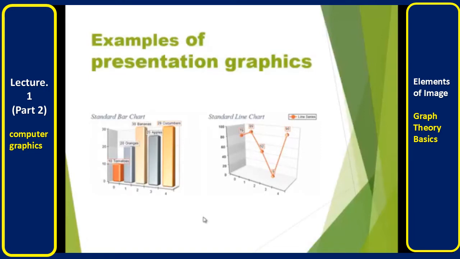For example, 10 tomatoes cost 10 rupees, 20 oranges cost 20 rupees. The vertical line shows the cost and the horizontal line shows the number. Similarly we can use various types of charts, for example line chart or bar chart.